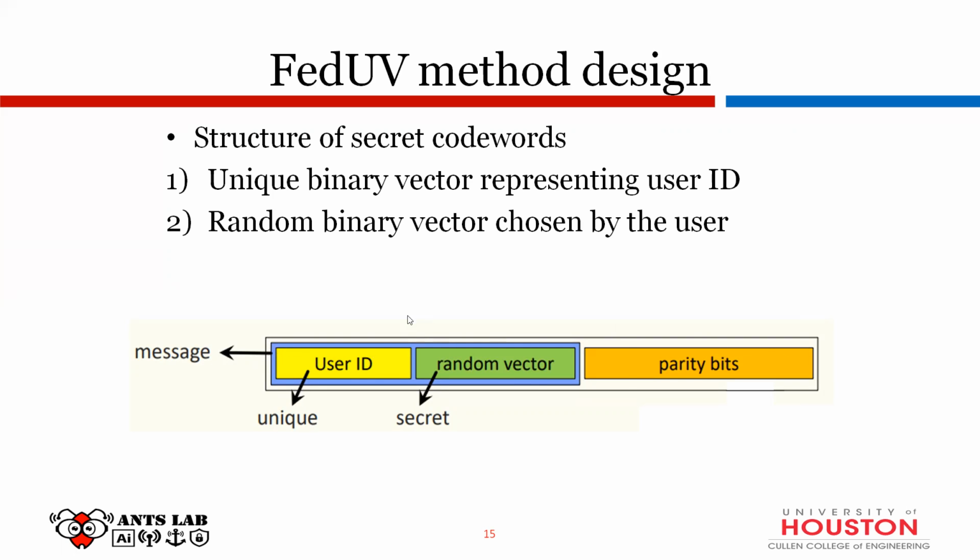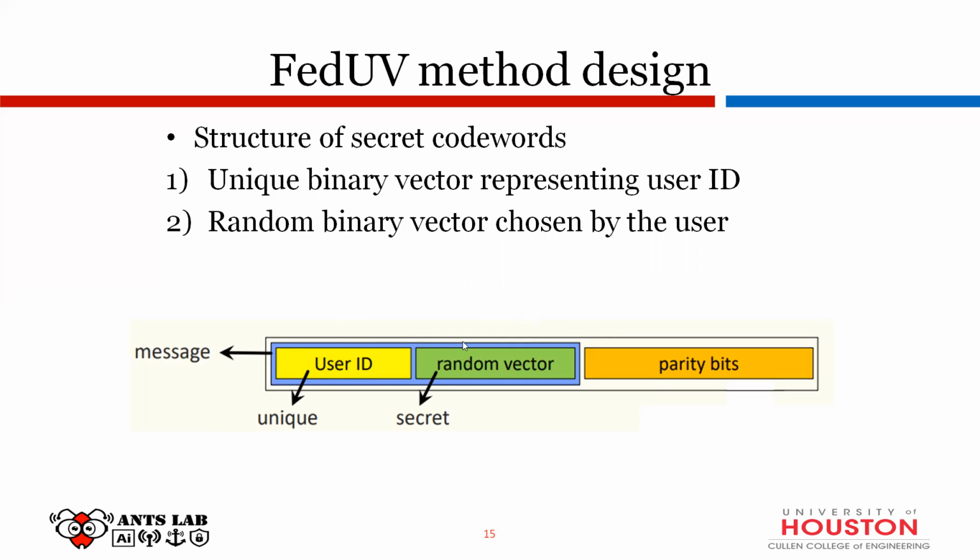As you can see, this whole message has uniqueness, because the first part, the user ID, is always going to be unique. So there are not going to be any repetitive messages, because every user is unique.